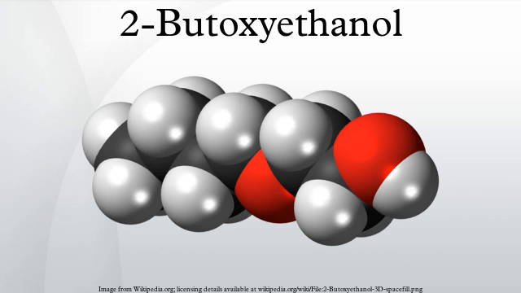Human exposure: 2-butoxyethanol most commonly enters the human body through dermal absorption, inhalation, or oral consumption of the chemical. The ACGIH threshold limit value for worker exposure is 20 ppm, which is well above the odor detection threshold of 0.4 ppm.